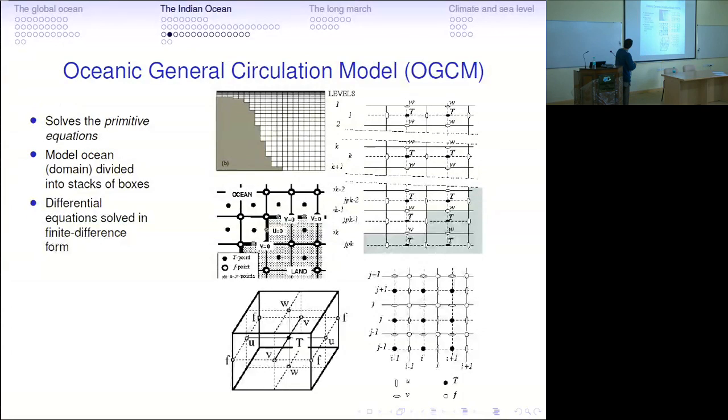So the model domain is divided into stacks of boxes, and it solves primitive equations, which are a version of the Navier-Stokes equations, but with the Coriolis force included, and 2 approximations invariably made, hydrostatic and Boussinesq. The differential equations are solved in finite difference form, and most of the time the grid you get, irrespective of the model you pick, is generally the Arakawa C-grid or one of its more modern variants. So this is typically what you will do.